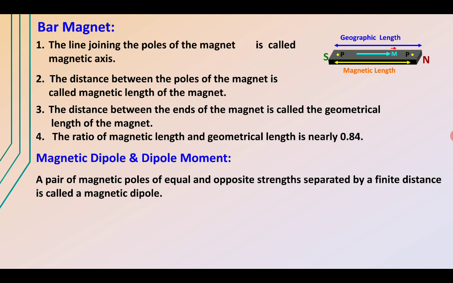And if we multiply this dipole with the length of that magnet, we get the magnetic dipole moment.